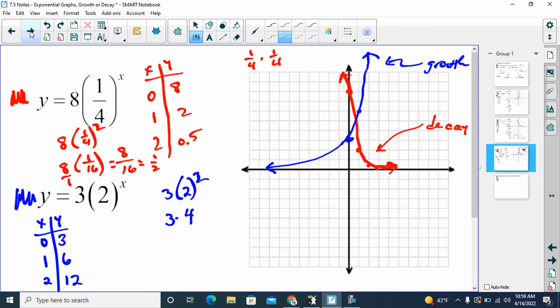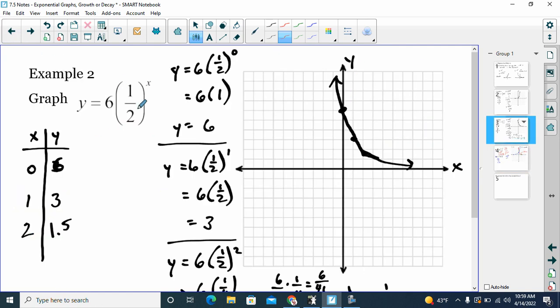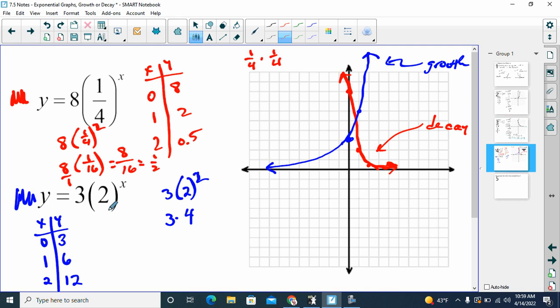What I hear a lot is if the number raised to the x is a fraction, it's decay, which is true in this one and is also true in this one here. Although 2, we could write 2 as 2/1 and it's a fraction, right? And that's still growth. So it does have to do with the value that's right here.